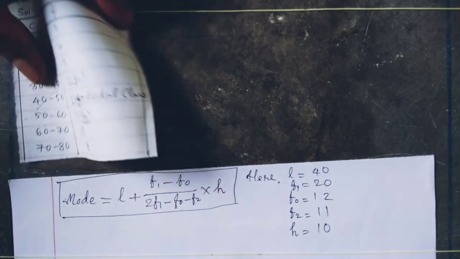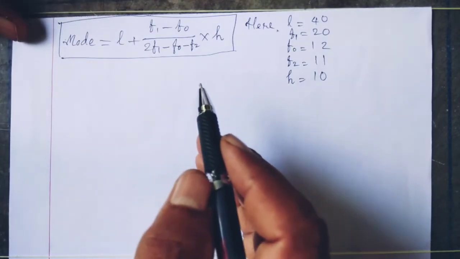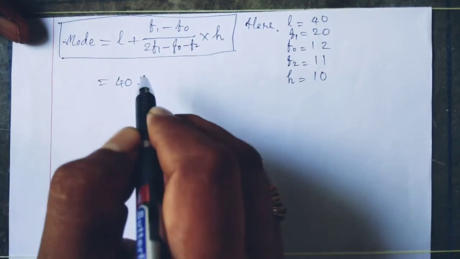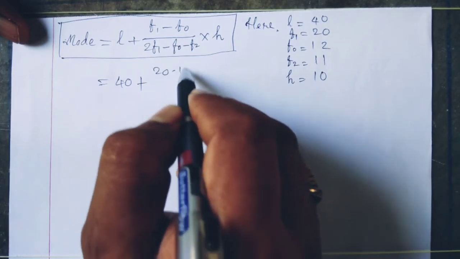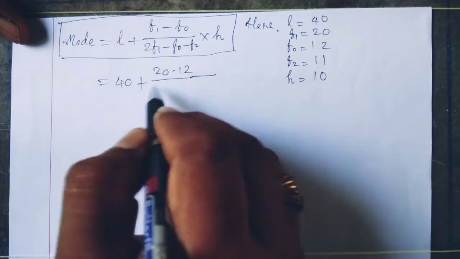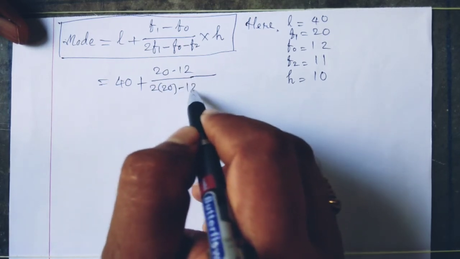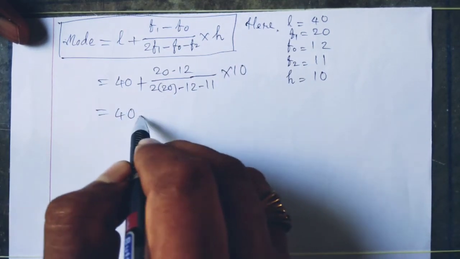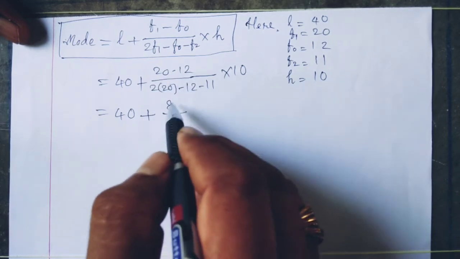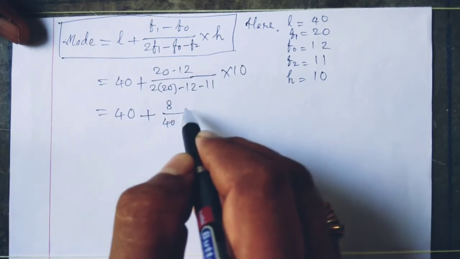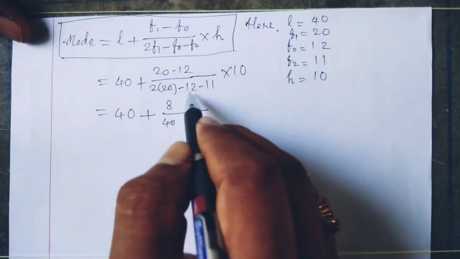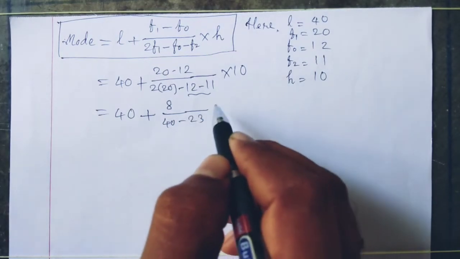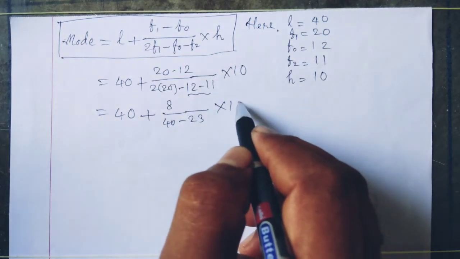So to solve this, we have to substitute these values in this formula. 40 plus (20 minus 12) by (2 into 20 minus 12 minus 11) into 10. 40 plus 8 by (40 minus 23) into 10.